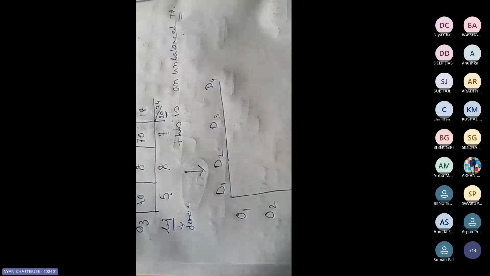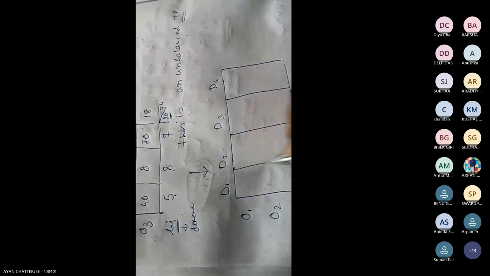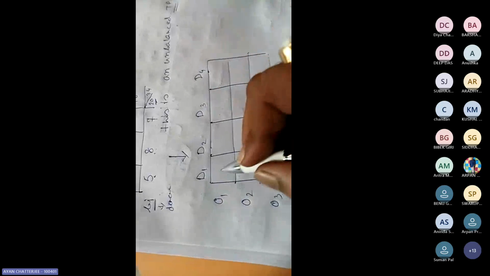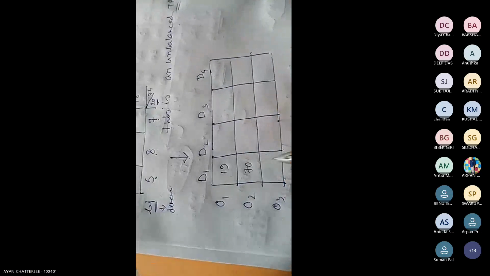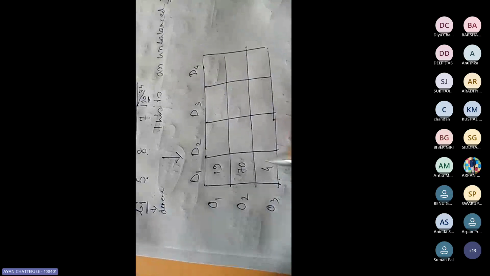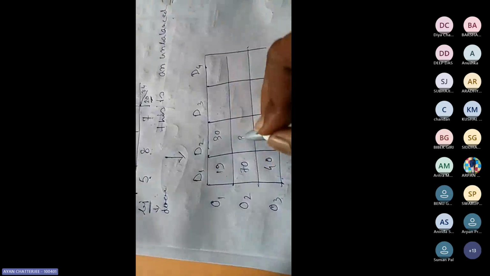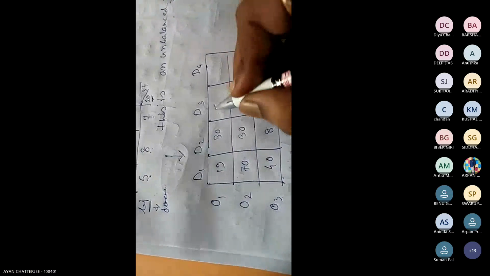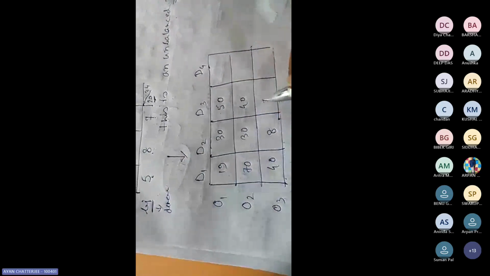And the matrix will be converted to this: 19, 70, 40, 30, 30, 8, 50, 40 and 70.